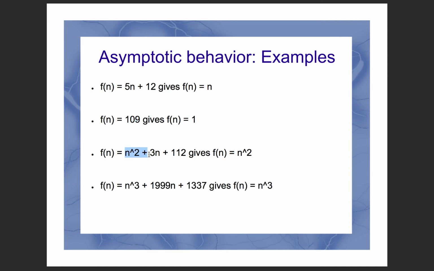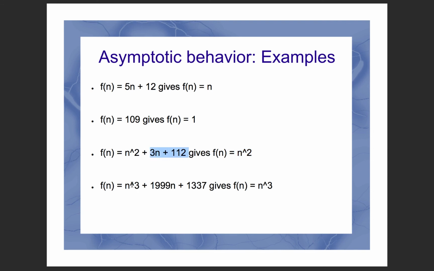Now you have n squared plus 3n plus 112. You remove 112 and keep only n squared, because n squared is larger than n. So you just keep the largest thing. You keep n squared, and remove 3n and 112 because these are lower.